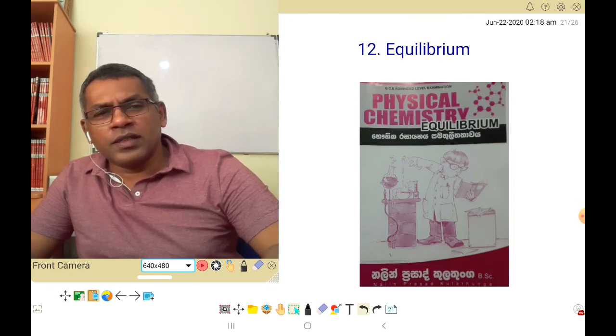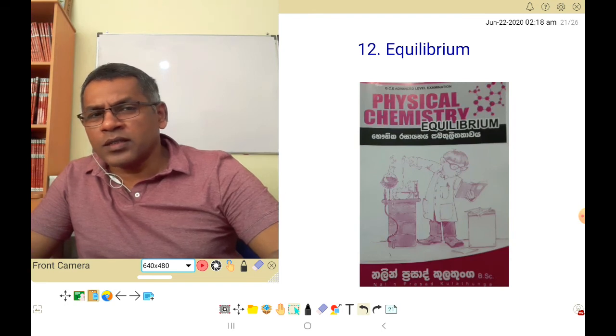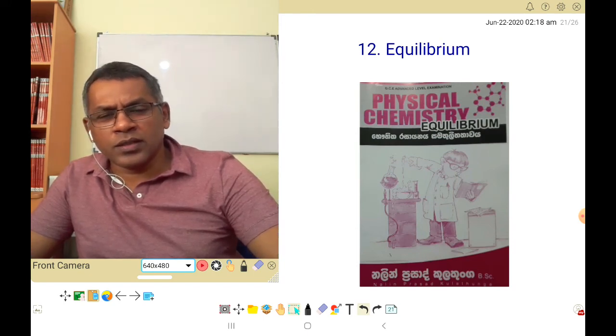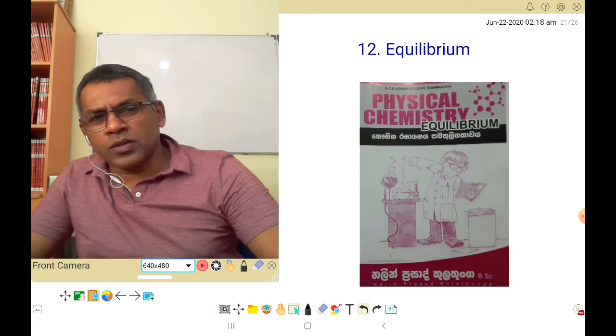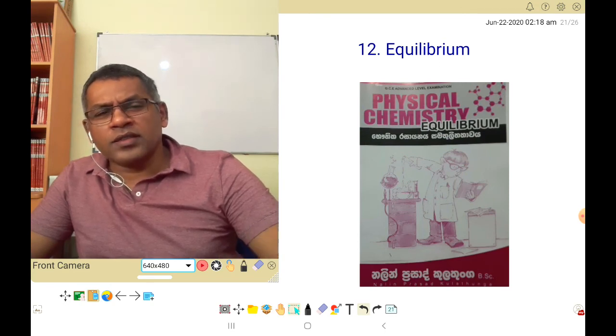But in advanced level we will be talking about chemical reactions that take place in either direction. Reactants get together to form the products, and the products come back to reactants as well.